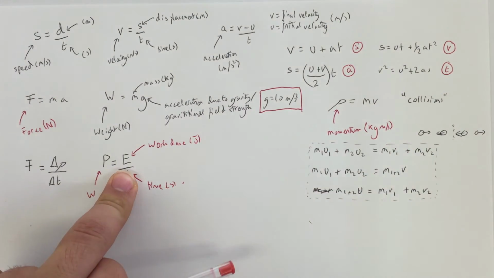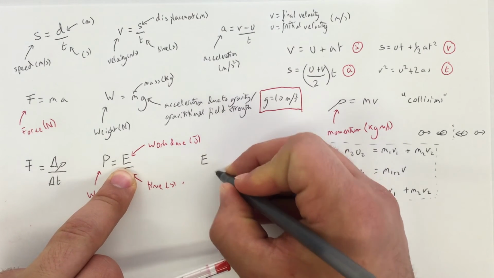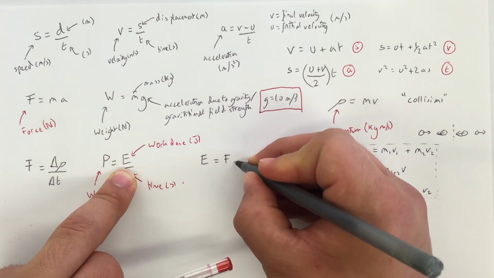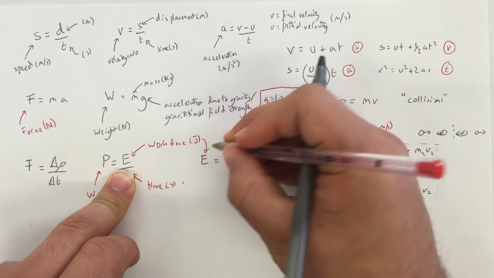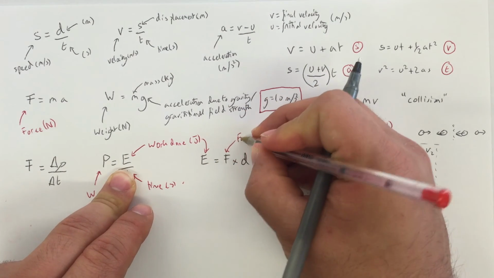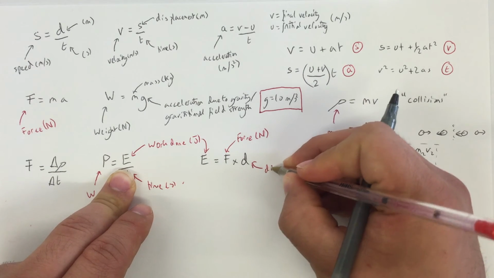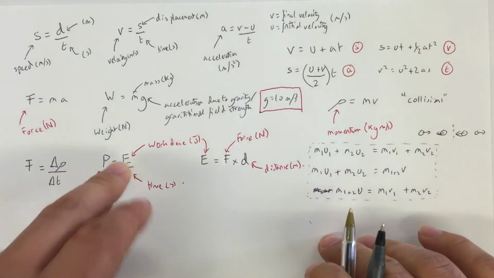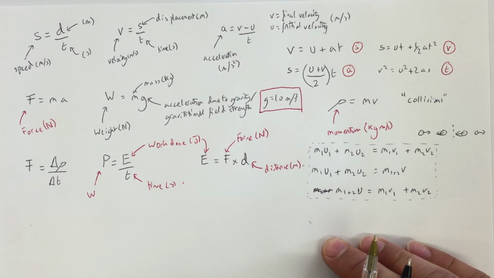And the equation for work done, E, is force times distance. So work done, energy, is force, still measured in newtons, times distance, and it's the distance travelled in the direction of that force. So quite often these two equations can be used together.